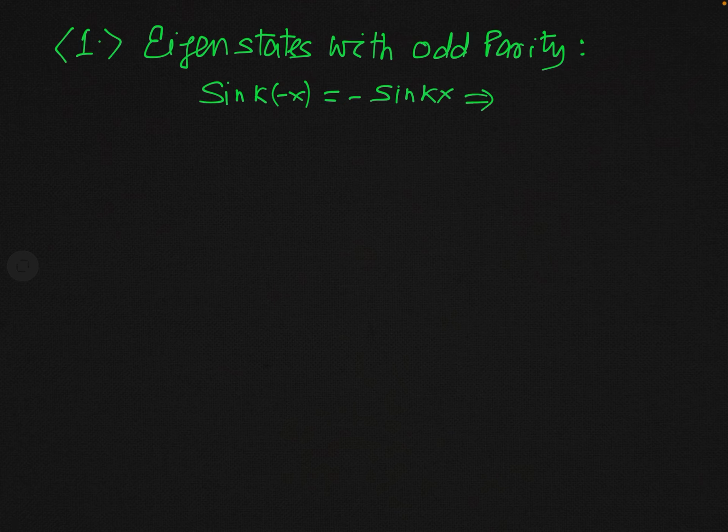You know it: sine minus theta is equal to minus sine theta, so the sine function is an odd function. So if you want to write the eigenstates with odd parity, you must take the eigenfunction in terms of the sine function.